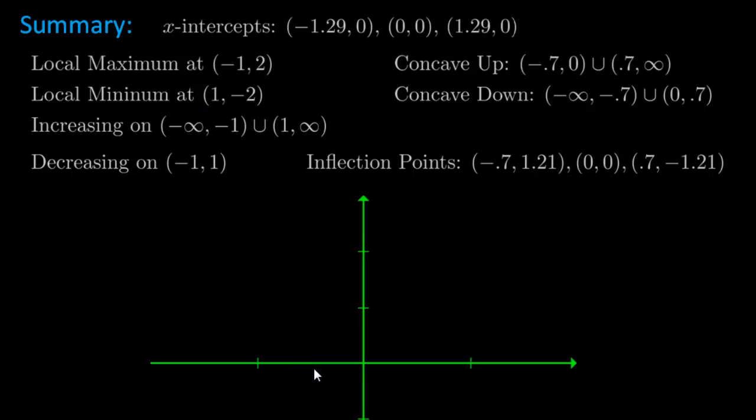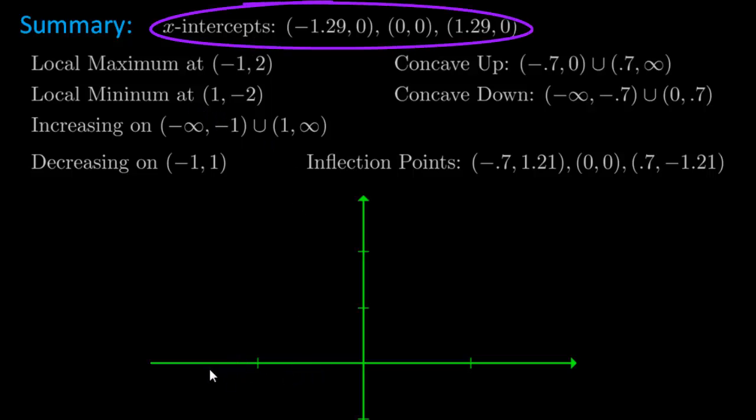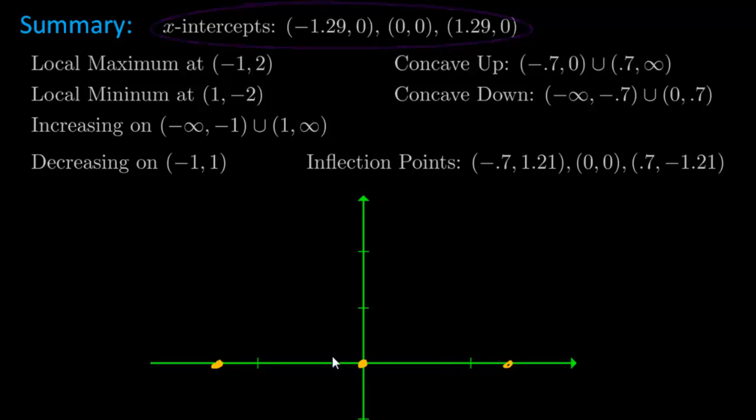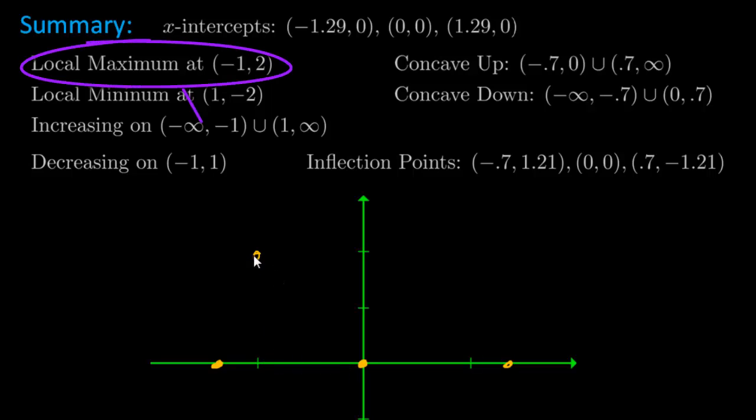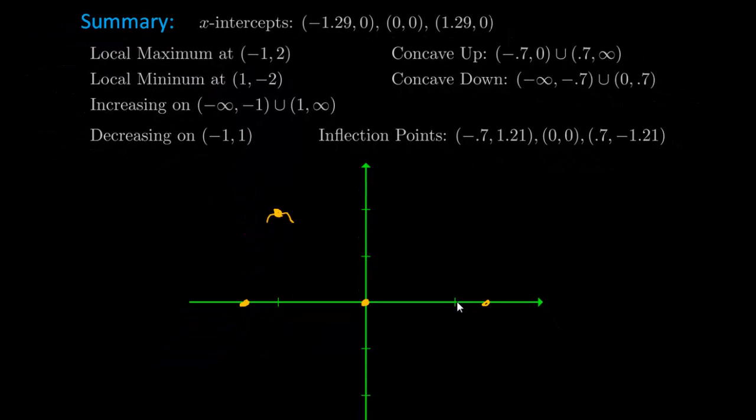We have intercepts at negative 1.29, the origin, and positive 1.29. We have a local max at negative 1, 2. And I'm going to do something like this to remind myself that it is a max. At positive 1, negative 2 is our min.